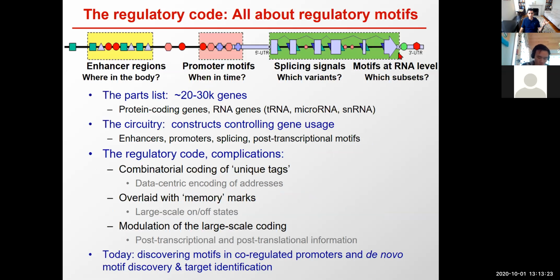And motifs are everywhere. Motifs are in promoter regions. Motifs are in enhancer regions, these distal regulatory regions that loop around to the promoters. Motifs are involved in splicing, both for the donor and acceptor, but also the branch site, but also within the exon and within the intron, there's exon inhibition signals, and there's exon enrichment signals that basically cause exons to be included more or less frequently.